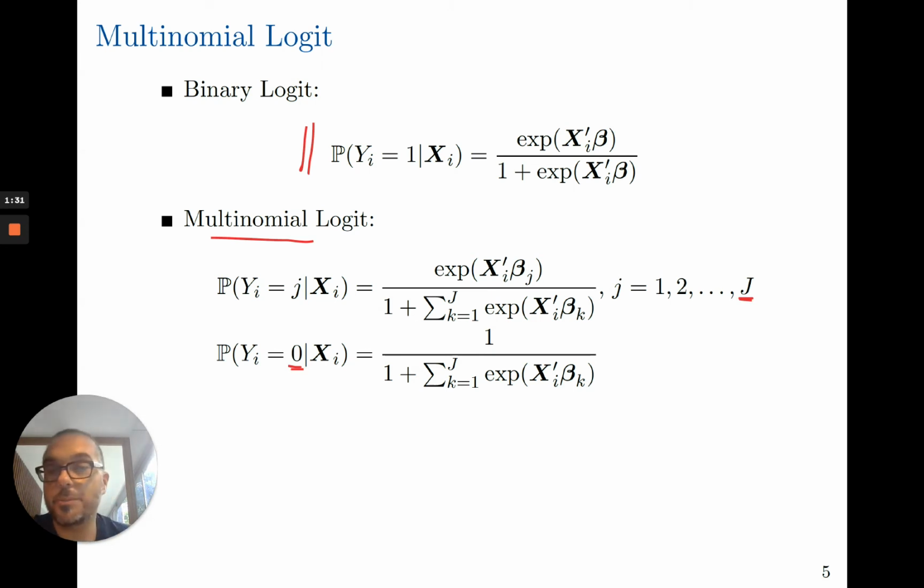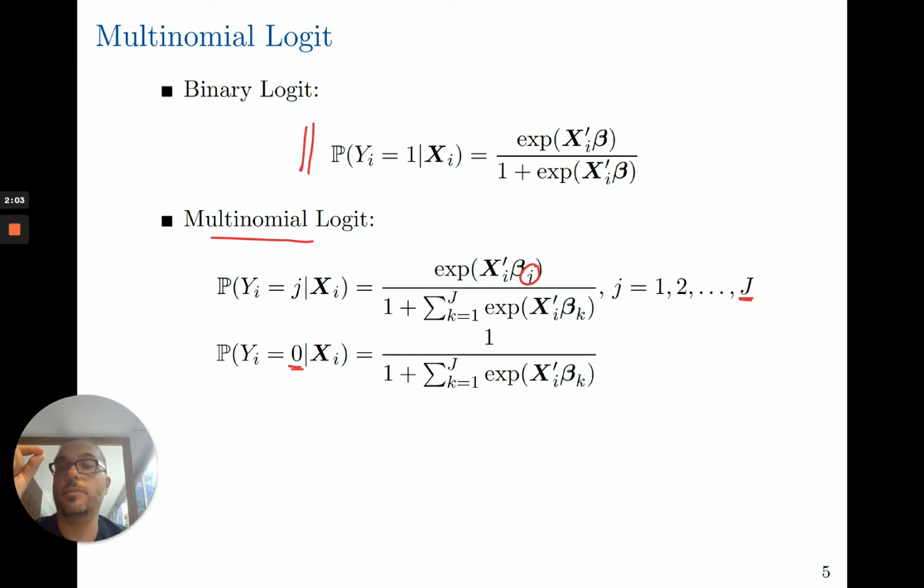So the probability of y_i equal to j, choice j, given x, will be the exponential of x prime beta_j, where now we have a different beta for each one of the J classes, divided by 1 plus the sum of all the other exponentials.